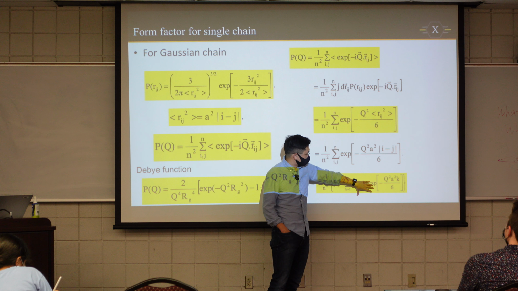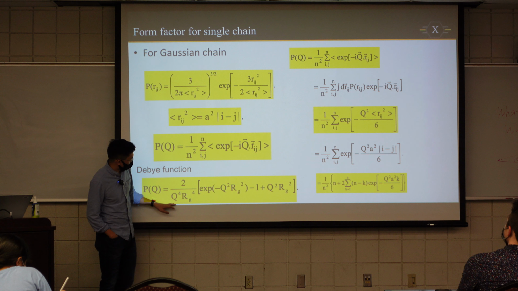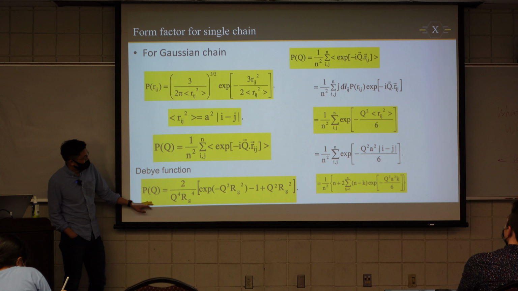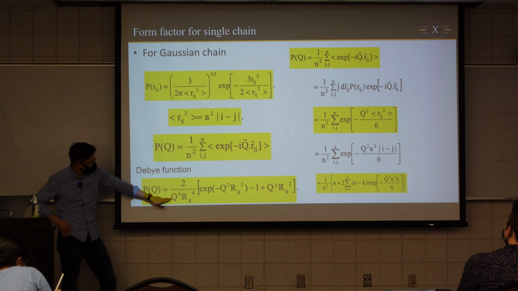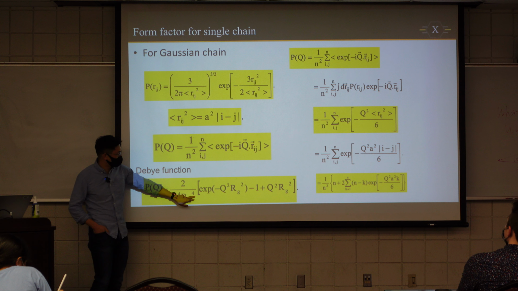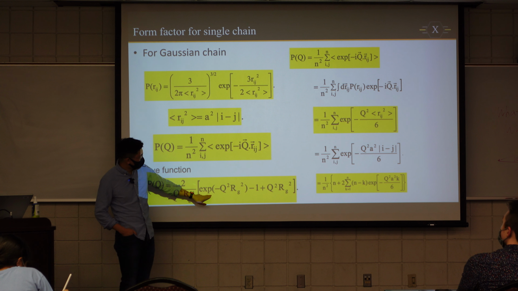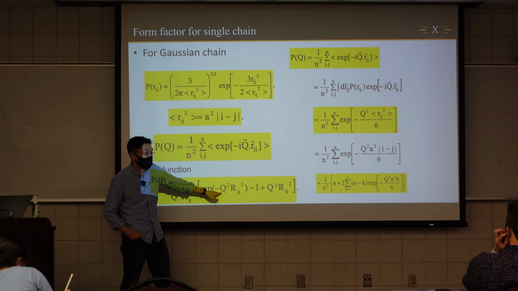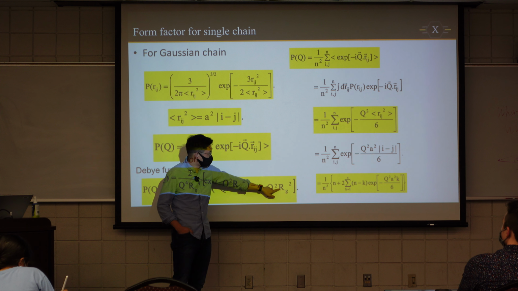And we can summarize all the cross terms there. So this will be the final equation for any polymer Gaussian coil: 2 divided by Q to the fourth, Rg to the fourth, not the cubic, times exponent of minus Q squared Rg squared, minus 1, plus Q squared Rg squared.